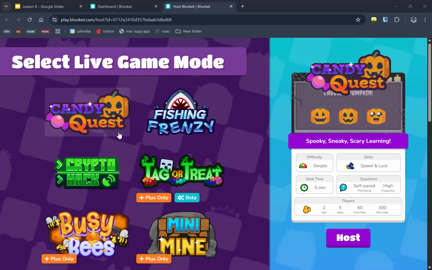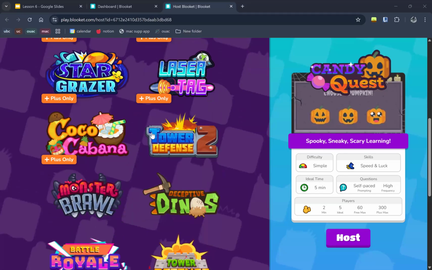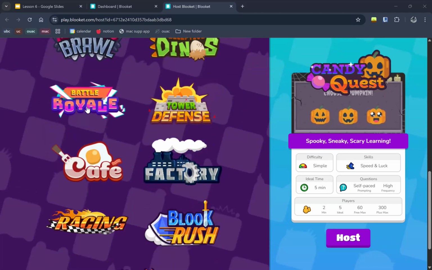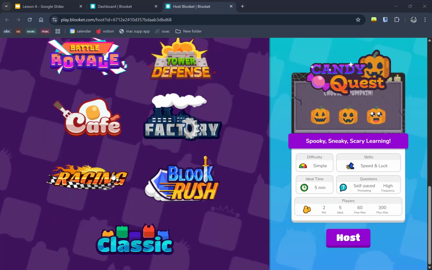Here are your options. We have Candy Quest, Fishing Frenzy, Crypto Hack, Tower Defense 2, Monster Brawl, Deceptive Dinos, Battle Royale, Tower Defense, Cafe, Factory, Racing, Book Rush, and Classic. Does anyone have any preference?